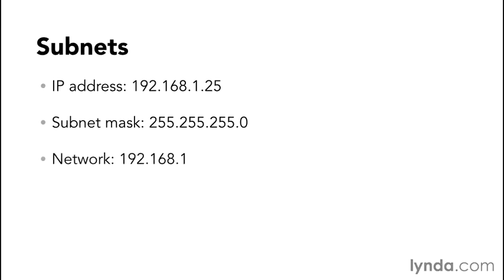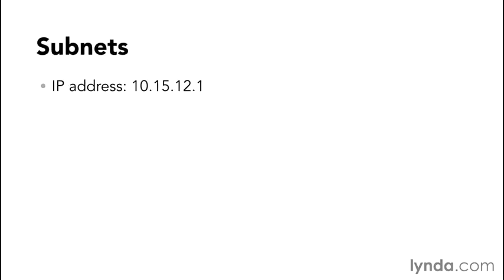So our network is the 192.168.1 portion of the IP address, and the host is whatever is left over. So all we have left is the 25. So the host is number 25 on the network 192.168.1.